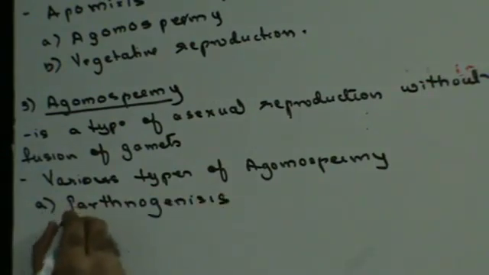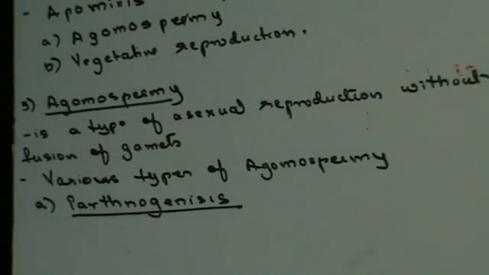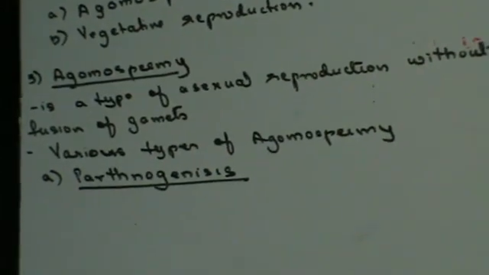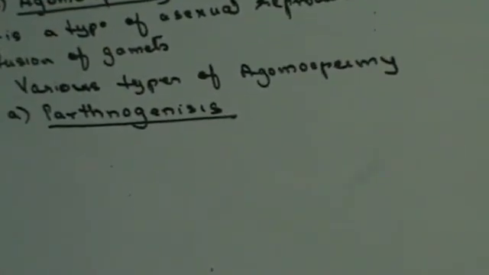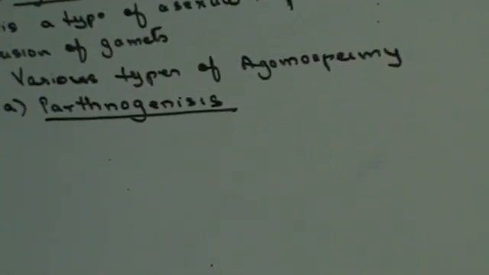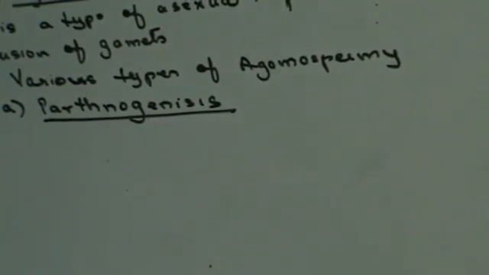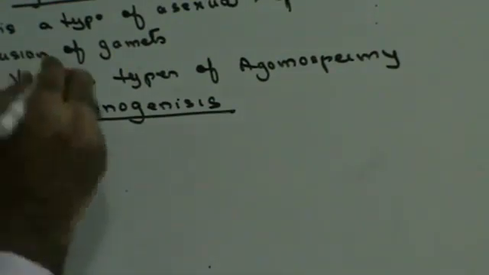What do I understand by parthenogenesis? Parthenogenesis is the development of the embryo from the female gamete without fertilization. I don't need the male gamete. There is no fusion of gametes taking place here. The embryo is developed from the female gamete without fertilization. Such a form of asexual reproduction is called parthenogenesis.